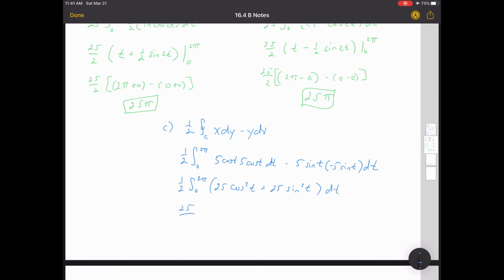This is wonderful, because then I'm going to get the integral of cosine squared plus sine squared, which is just 1 dt. So taking the antiderivative, we get 25/2 t from 0 to 2 pi. Plugging in 2 pi, you get 25 pi. Plugging in 0, you get nothing. So there you have it. All three of these work.